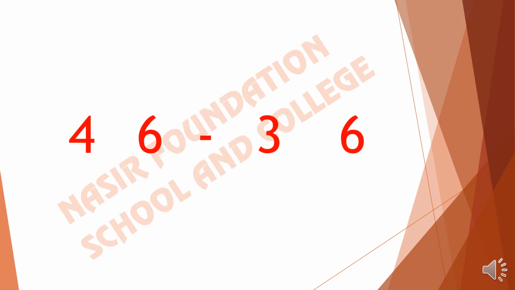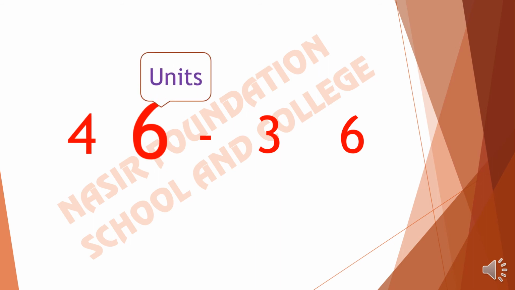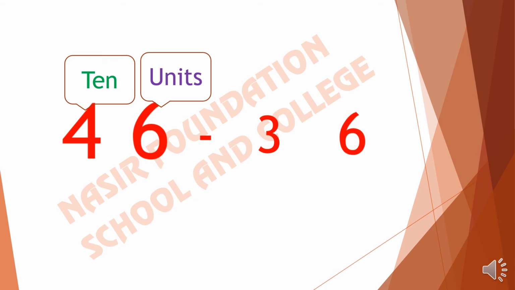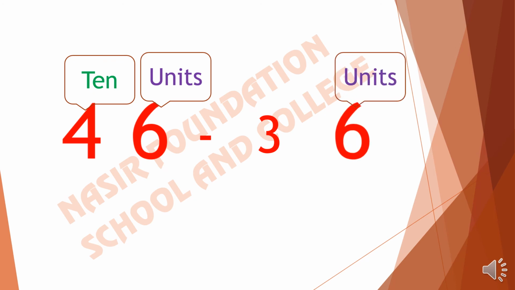Here we have another example. We have to subtract 36 from 46. 6 that is on the right side is placed at units place, and 4 is placed at tens place. In 36, the 6 on the right side is placed in units place, and 3 is placed at tens place.